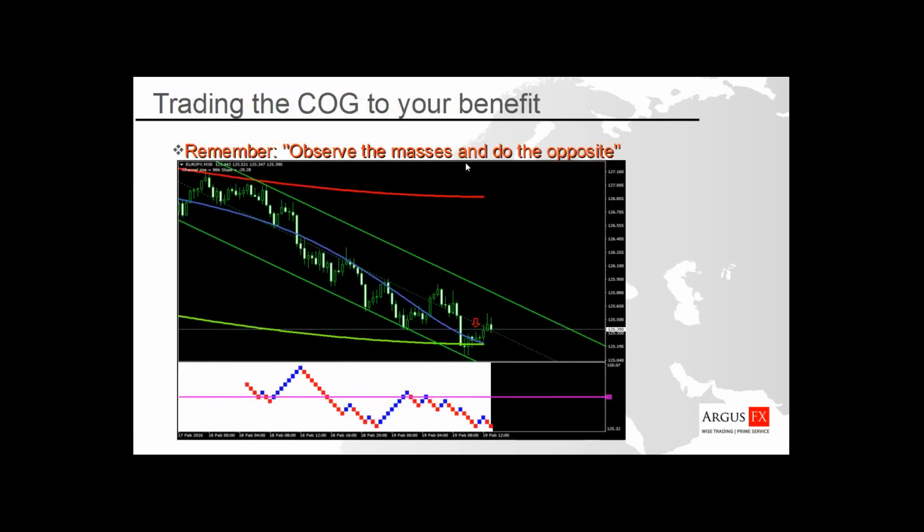Okay, in here, you can see something a bit different from what you have seen in the default settings of the COG tool. And remember always, observe the masses and do the opposite. Because sometimes on the charts, and rather most of the times or always, what you assume is obvious is non-obvious.